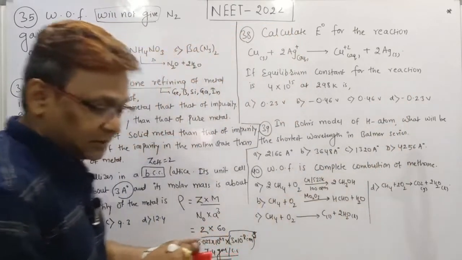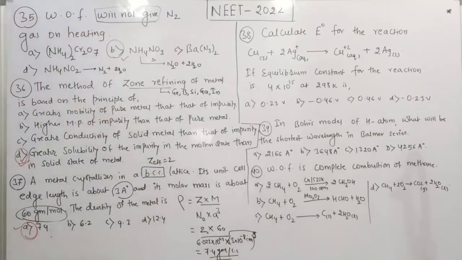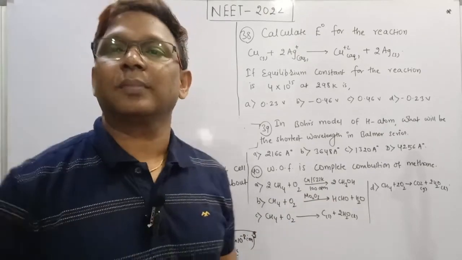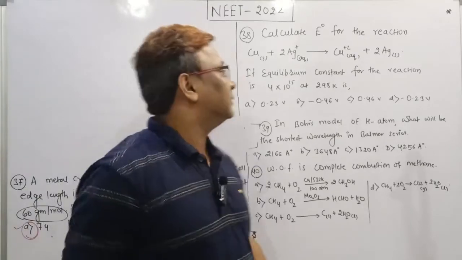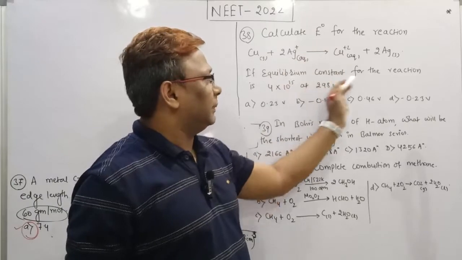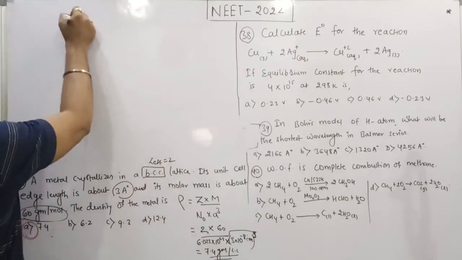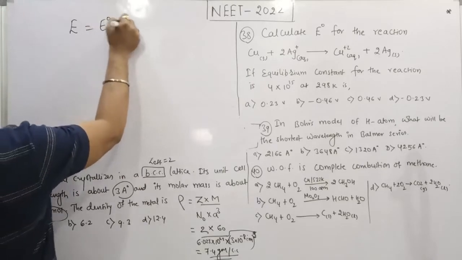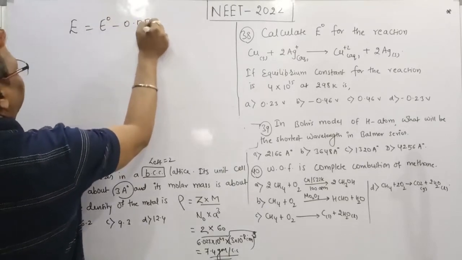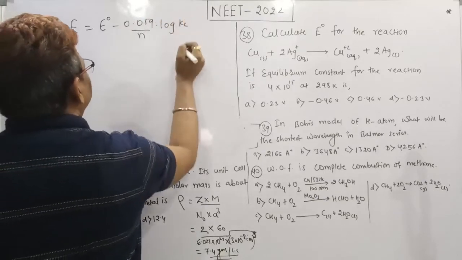Just a minute, I'll clean this part here. Let us see here. Calculate the E naught for this reaction if the equilibrium constant is given. The formula is E equal to E naught minus 0.059 by n into log to the base 10 Kc.